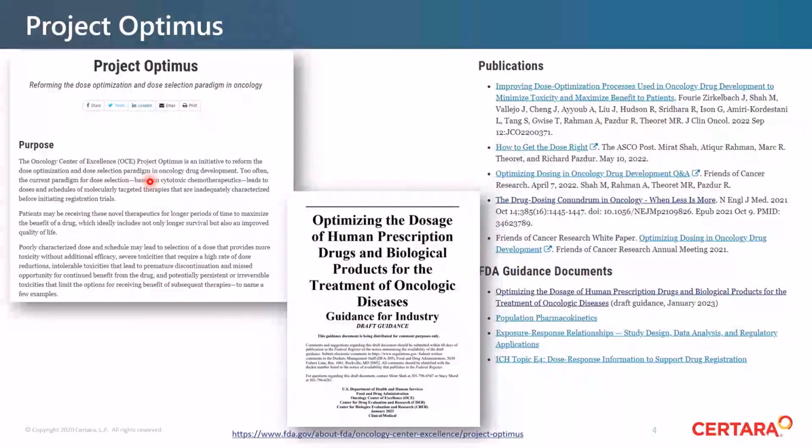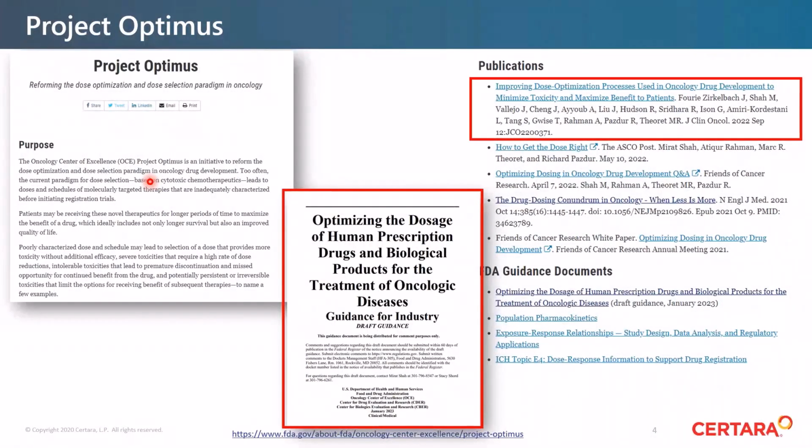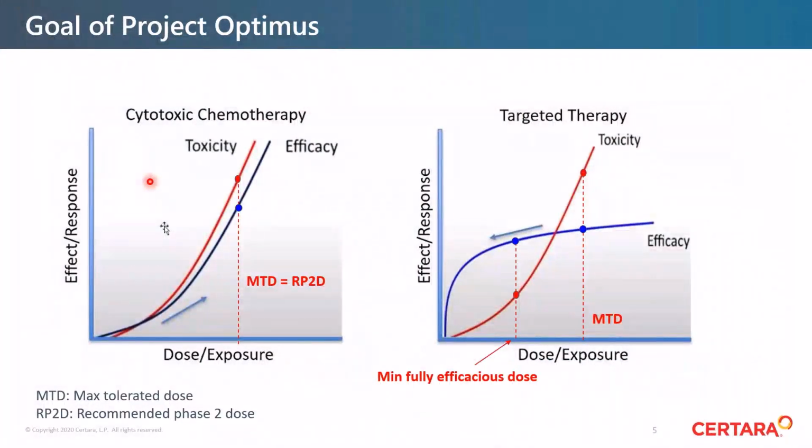This slide summarizes several very informative references that document the FDA's thinking around Project Optimus, but perhaps the most useful place to start would be the newly released guidance, which is entitled Optimizing the Dosage of Human Prescription Drugs and Biologic Products for the Treatment of Oncologic Diseases, as well as this publication by Poziotinib et al., which provides more of the landscape behind some of the recommendations made in the guidance.